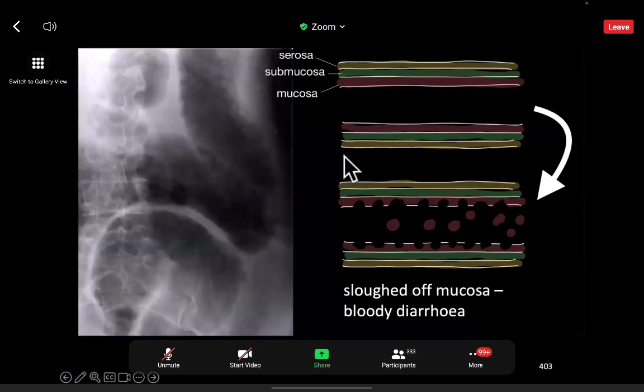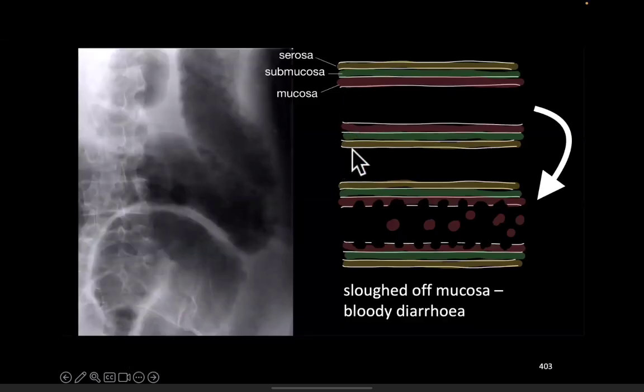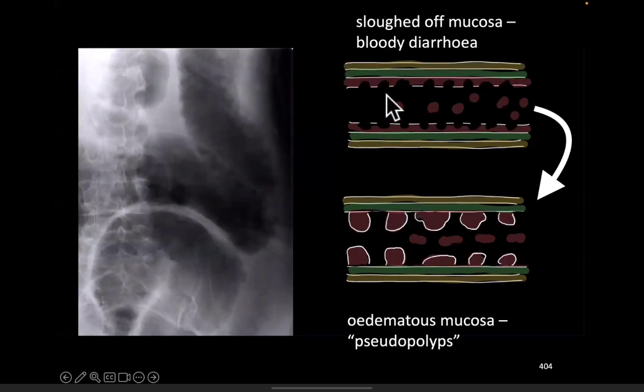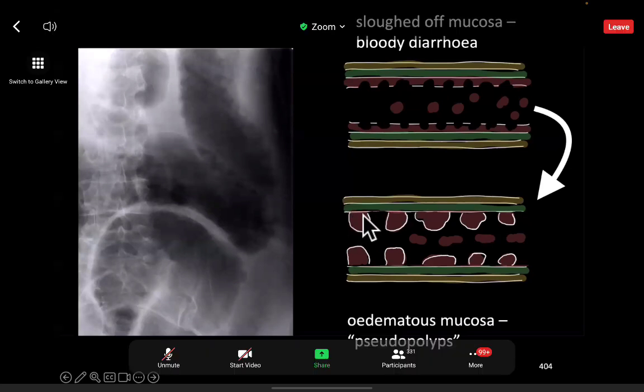Now, why do you get pseudopolyposis? Well, when the mucosa sloughs off, you get edema of the remaining mucosa. And the edema of the remaining mucosa stands proud of the submucosa, and you get aerated.